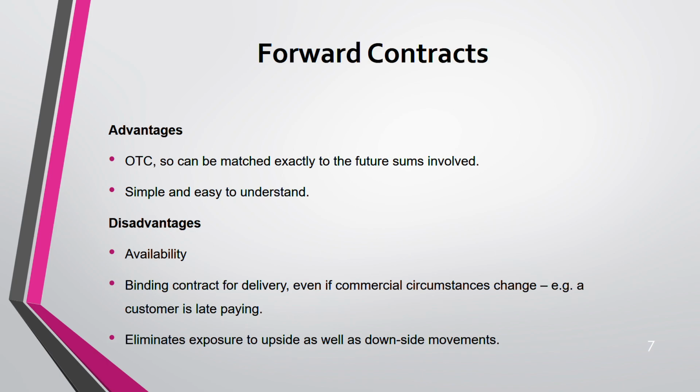It's true that it is going to manage your risk, but you cannot take advantage of a favorable exchange rate. If the exchange rate goes the other way, you cannot take advantage of that benefit. But in options you can. Only in options you can do this. That's why option is the most expensive. Future does not have that. Forward does not have that. So it eliminates the risk on both sides, upside as well as downside.